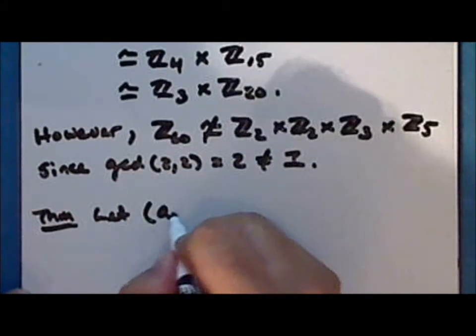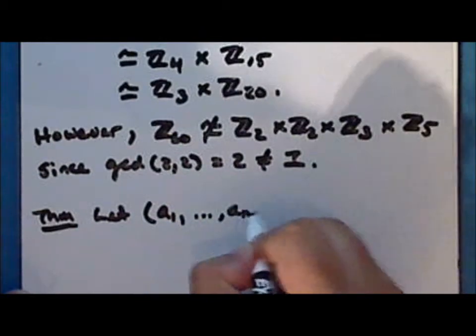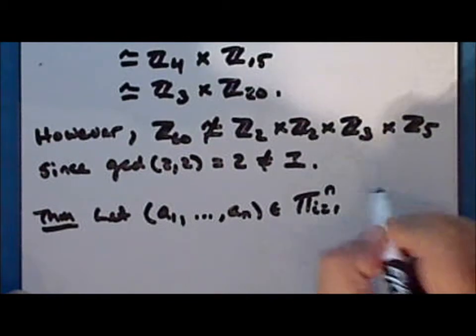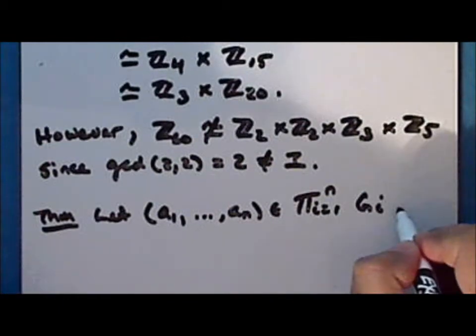Let the ordered n-tuple a1 through an be an element in the direct product of the groups G sub i.